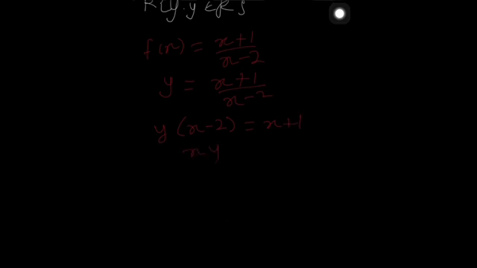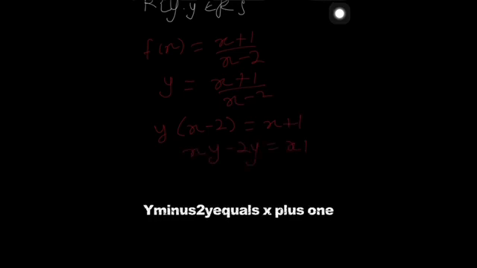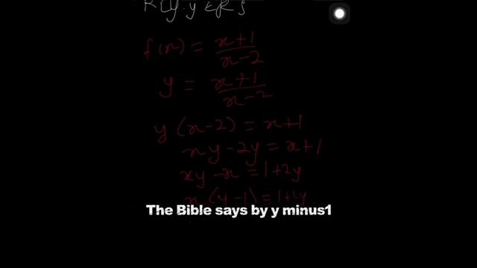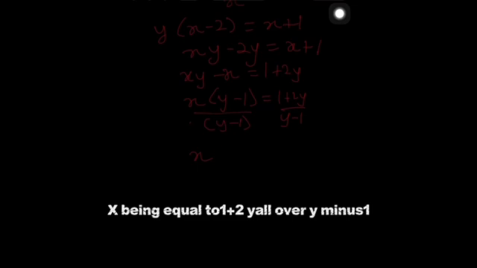This gives us xy minus 2y equals x plus 1. Then we group like terms, bringing all the x's to one side, so xy minus x is equal to 1 plus 2y. Factor the x out, x times y minus 1 equals 1 plus 2y. Divide both sides by y minus 1. We get x being equal to 1 plus 2y all over y minus 1.